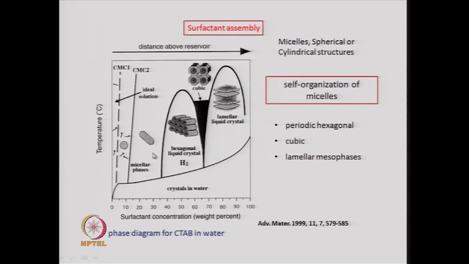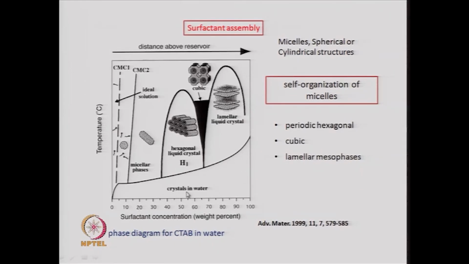If you increase the concentration further, you can get these stacked cylinders which form what we call a hexagonal phase. If you increase the surfactant further, you may get cubic structures of well organized aggregates of surfactants, and at very high concentration of surfactant and somewhat high temperatures, because these are not stable at very low temperature.